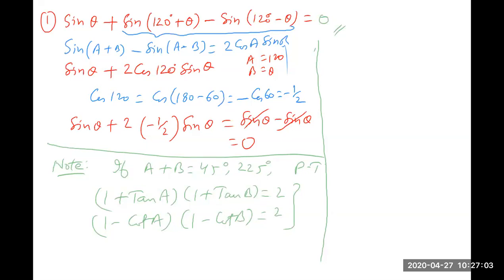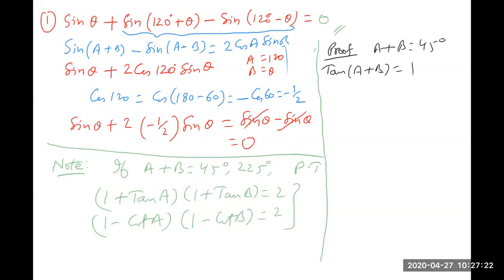So the method is proof of this. As it is given, a plus b is equal to 45 degree. Take tangent on both sides. So tangent of a plus b, tan 45 is 1.